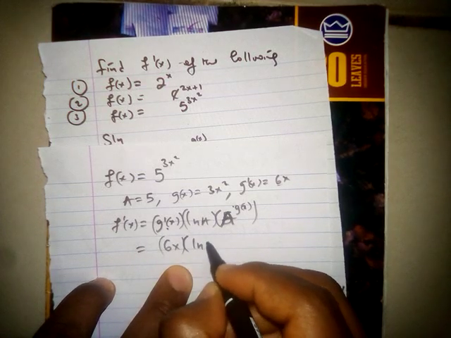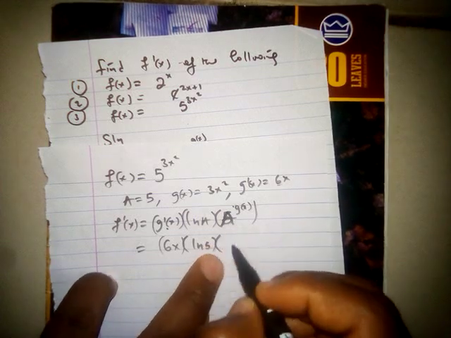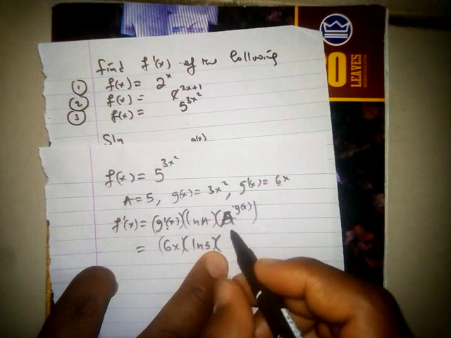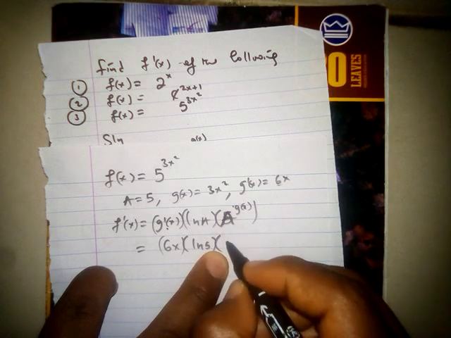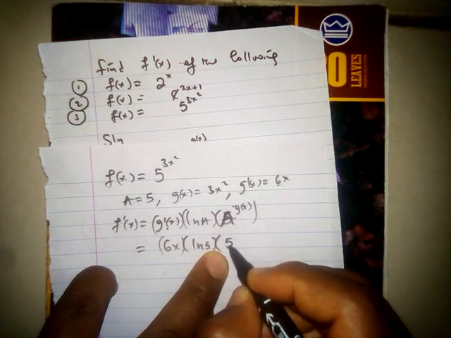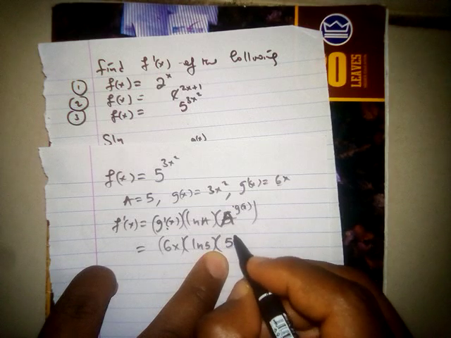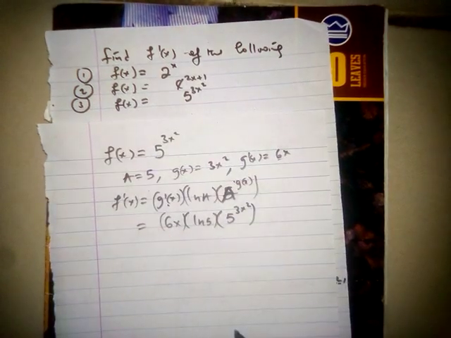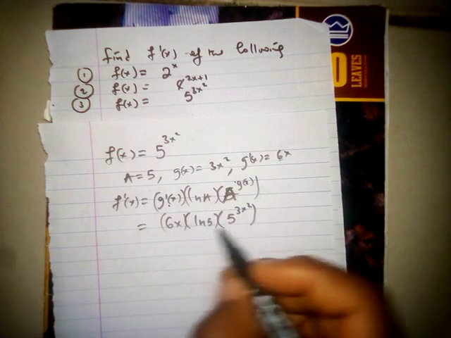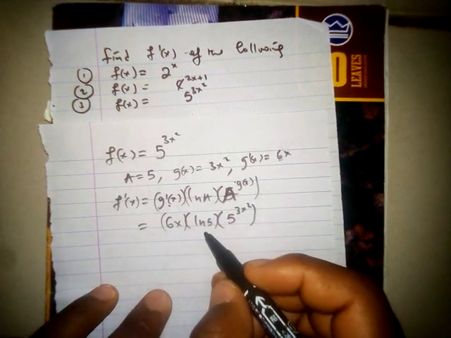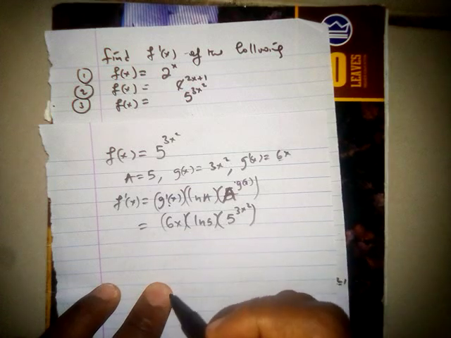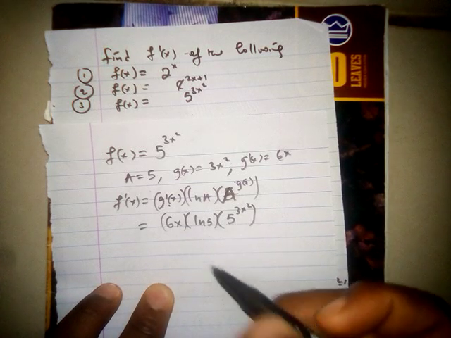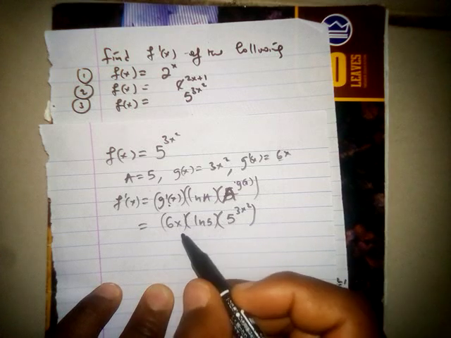My ln a is ln 5. Now what is the original function, my f of x? My f of x is 5 raised to the power of 3x squared. You can still leave your answer like this. It's okay. There's no way we can simplify this further, so this is your answer.